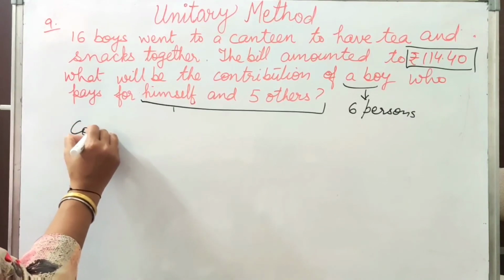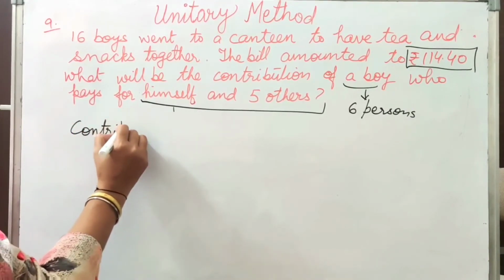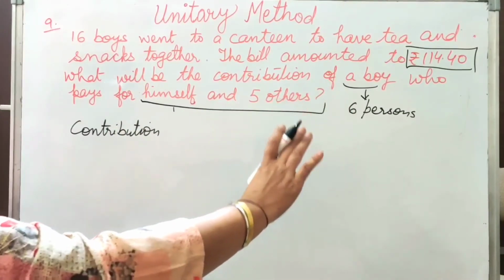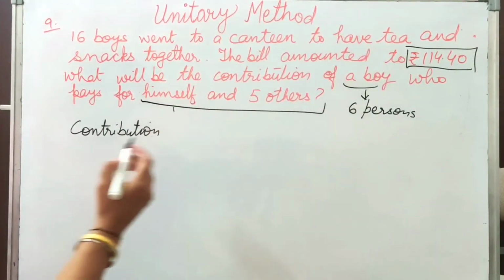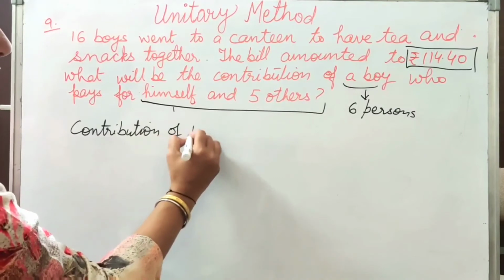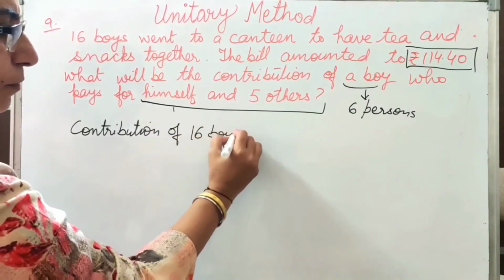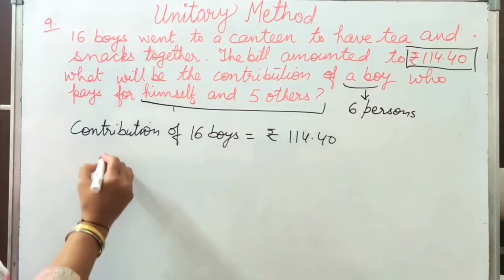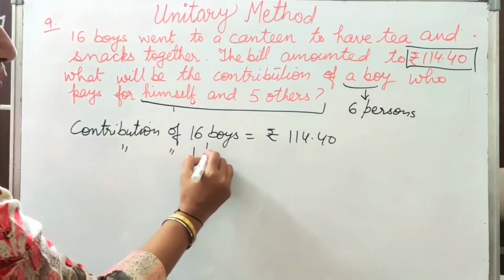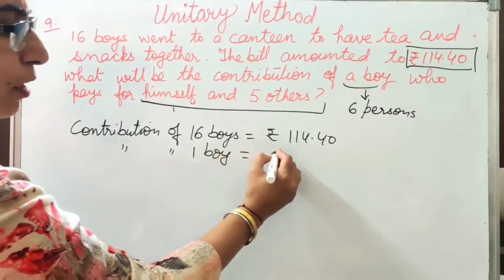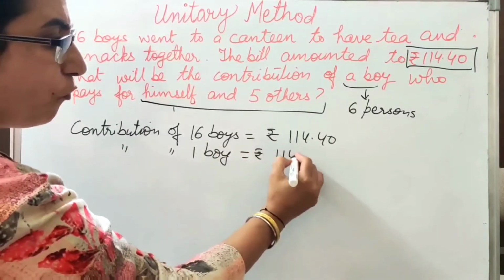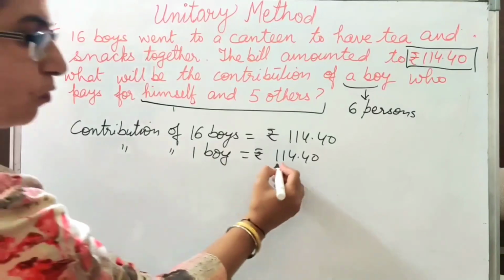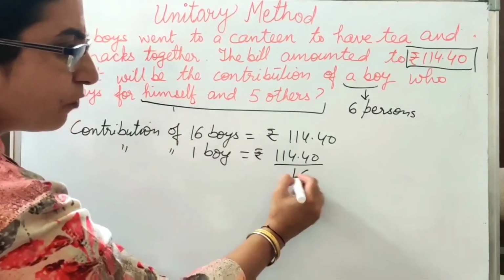Let me start and apply unitary. We are finding the contribution, so we keep rupees on the right side. The contribution of 16 boys is rupees 114.40. Then the contribution of one boy will be less, so we divide: 114.40 upon 16. This is direct variation.